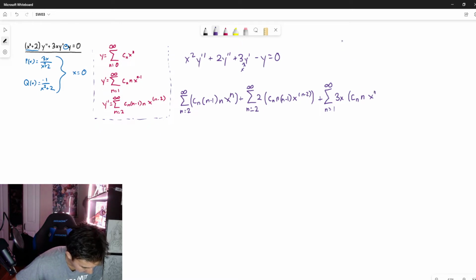Actually, now that I think about it, I might have made a mistake in the work I did previously. I believe the x should not be here.